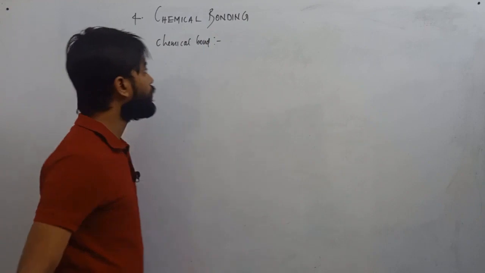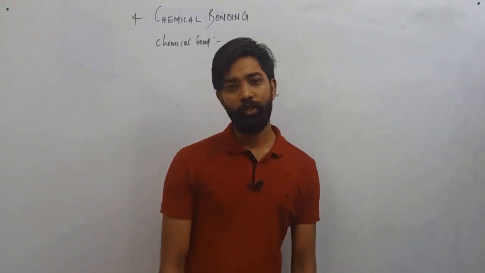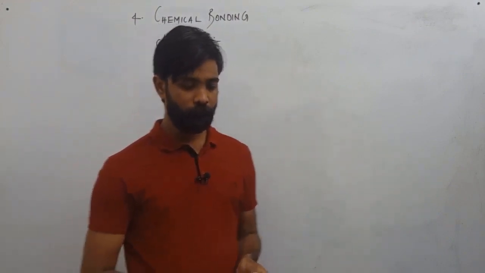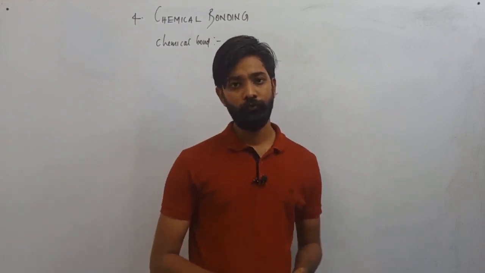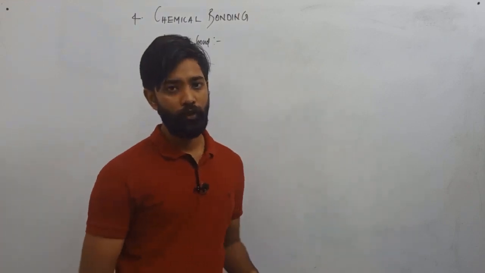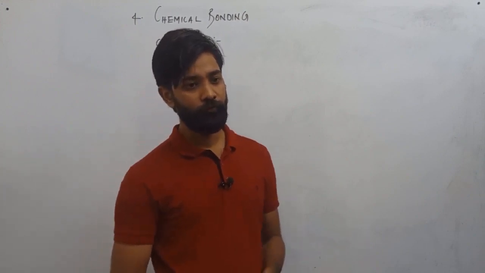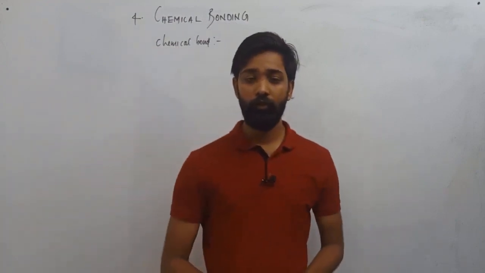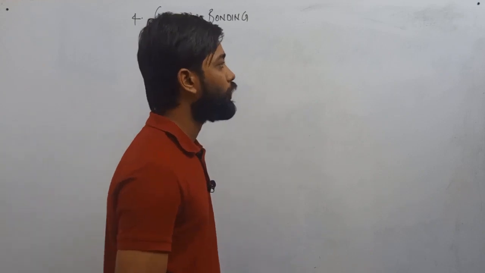What is a chemical bond? Write down. A chemical bond is the force of attraction between constituents like atoms, ions, molecules in a chemical compound.